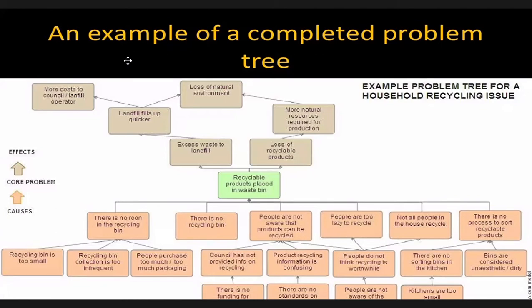So for your research, making this is going to be very useful, so that your core problem will be your general statement, and your specific problems or specific objectives, or general objectives, will be your specific objectives. These immediate causes could also be your specific objectives.